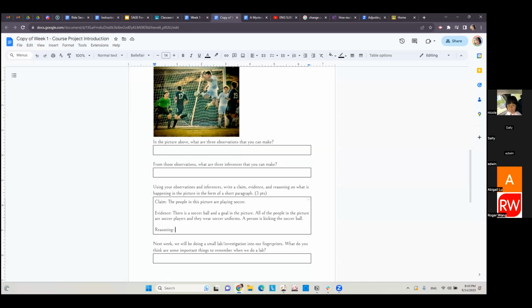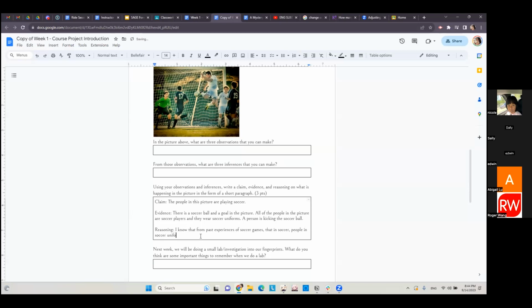Yeah. So a lot of you saying like they're doing what people do in soccer, which is actually what our reasoning would be. So our reasoning would be like, I know that from past experiences of soccer games that in soccer, people in soccer uniforms kick a soccer ball to the goal, right?